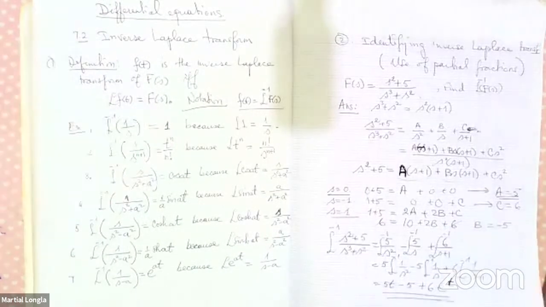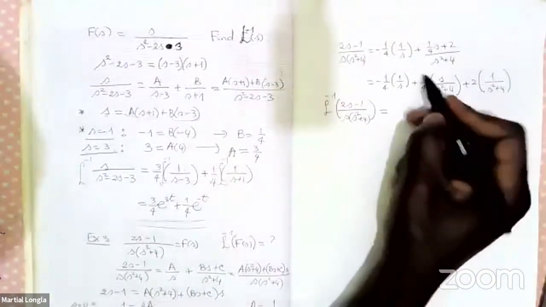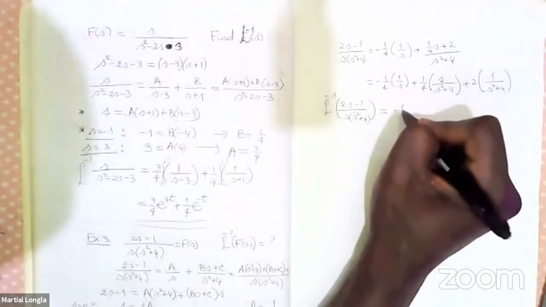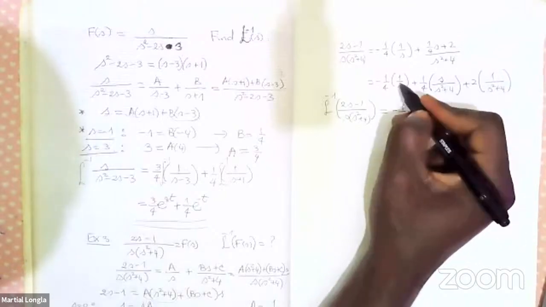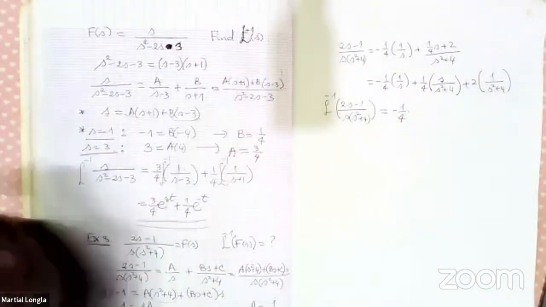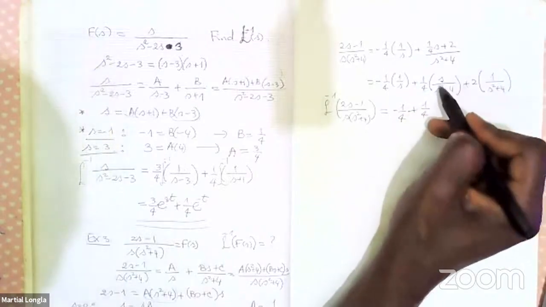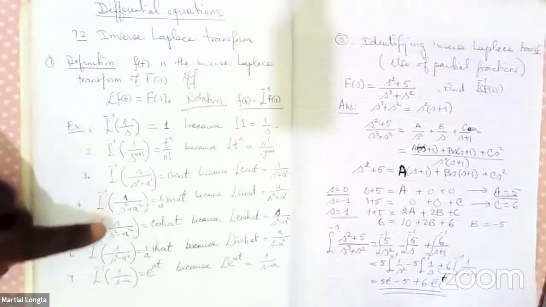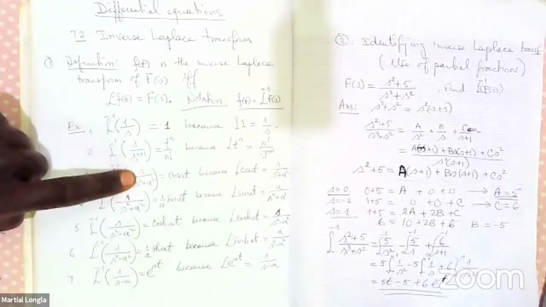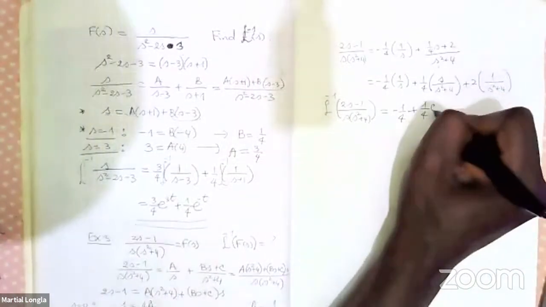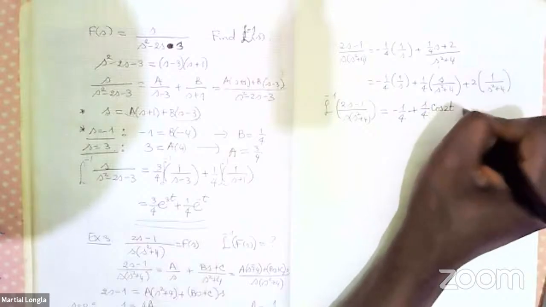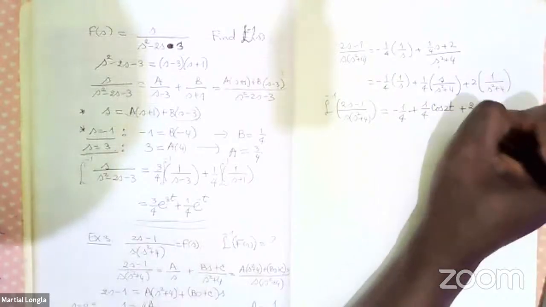1 over s is 1. So negative 1/4 times the inverse Laplace transform of 1 over s, which is 1, plus 1/4 s over s squared plus 4. Again, that wonderful page. s over s squared plus a squared, that's cosine. So this is cosine 2t plus 2, and then 1 over s squared plus 4.